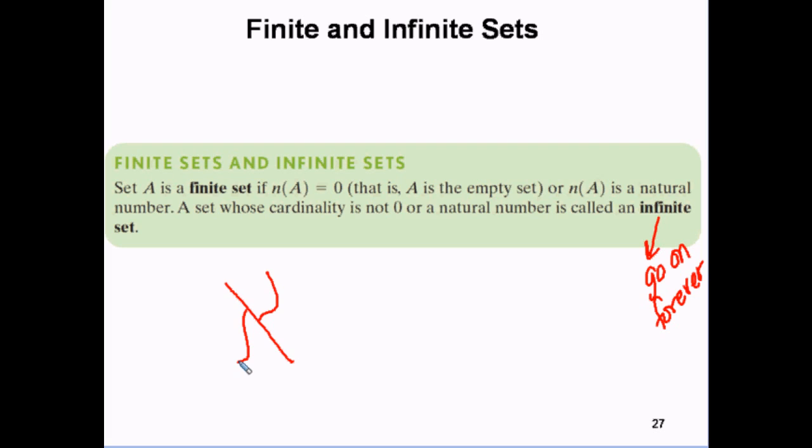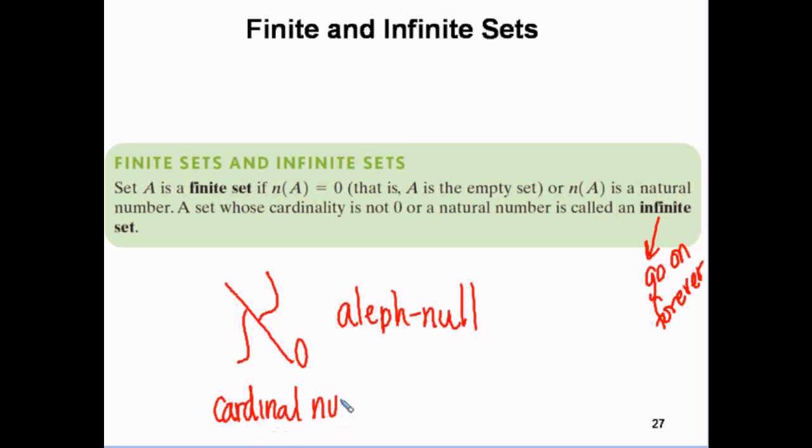That's close. Okay, this is the number Aleph with a sub-0, and it's read Aleph null. What is that for? This is the cardinal number of the set of natural numbers.